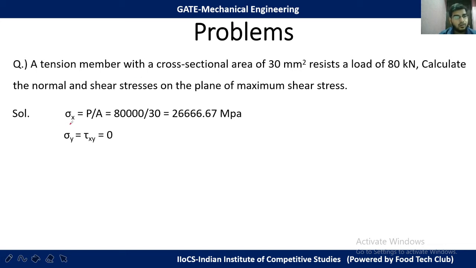If we consider the load acting in the x direction, then sigma x will be load by area, which is 80,000 divided by 30. So sigma x will be 2666.67 megapascal, and sigma y is equal to tau xy is equal to 0.